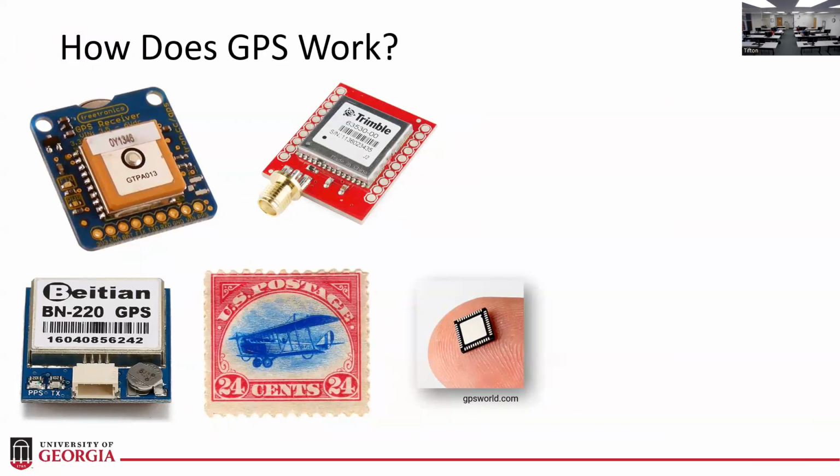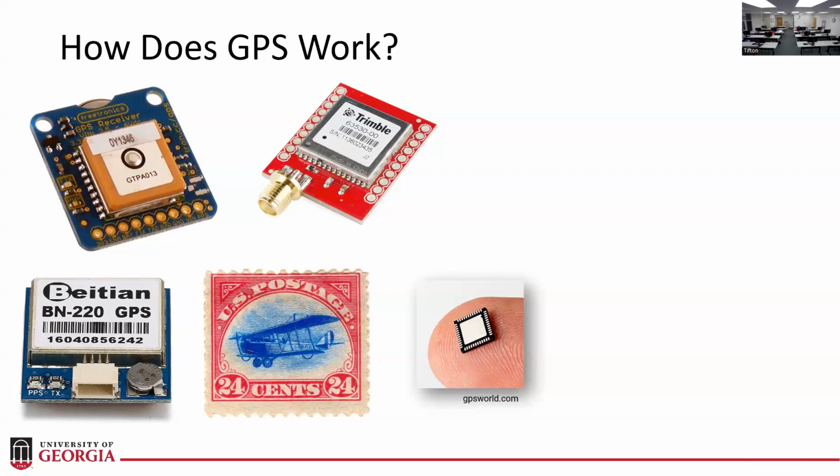GPS receivers, and when I say GPS receivers, what I mean is any equipment that has a GPS chip. The GPS chip is what makes equipment able to calculate your location and use navigation and everything else. There are many kinds of GPS chips, and of course they range in price. It's pretty amazing how small we've been able to make new GPS chips.